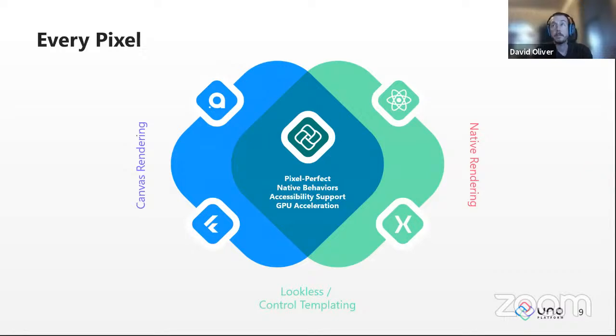So if you declare a button into your application, for example, it's not creating a native button by default. So it doesn't use the native button control on Android or native button control on iOS. Instead, it's creating the same visual primitives on all platforms using the native views.